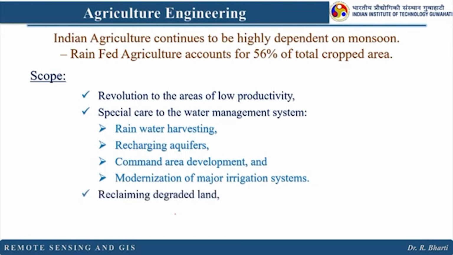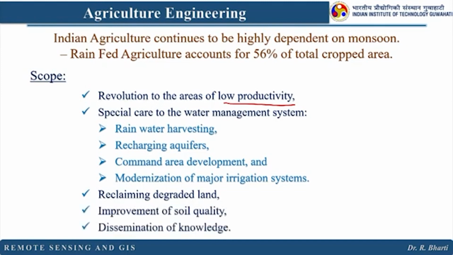Then reclaiming of degraded land, so that again goes to low productivity, how we are reclaiming that, right. Then improvement of soil quality and dissemination of knowledge, because we need to educate our farmers with this new technology so that they will be aware of all the drawbacks and the other problems for their cultivation.